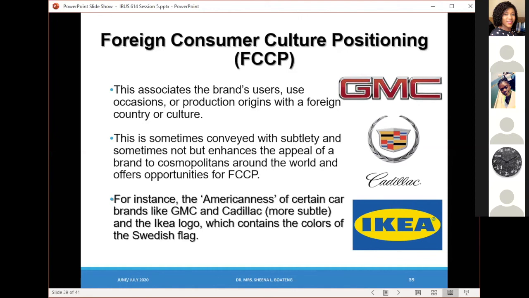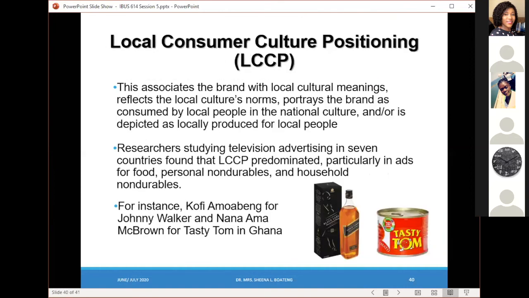Thank you, everyone. So that is it for the foreign consumer culture positioning. And then we can also talk about the local consumer culture positioning. Here, they associate the brand with local cultural meanings, which reflects the local cultural norms and portrays the brand as being consumed by local people within the national culture.